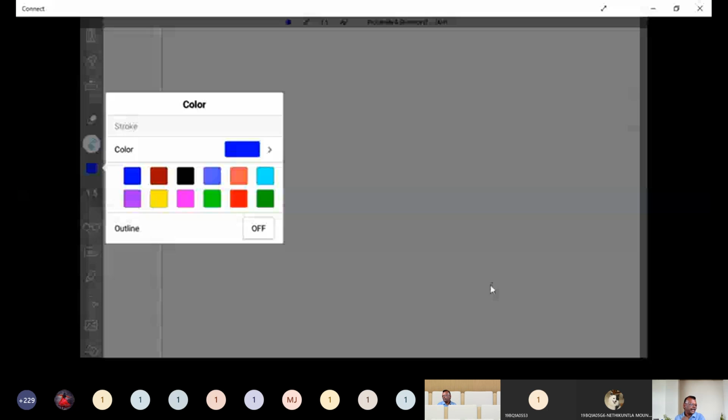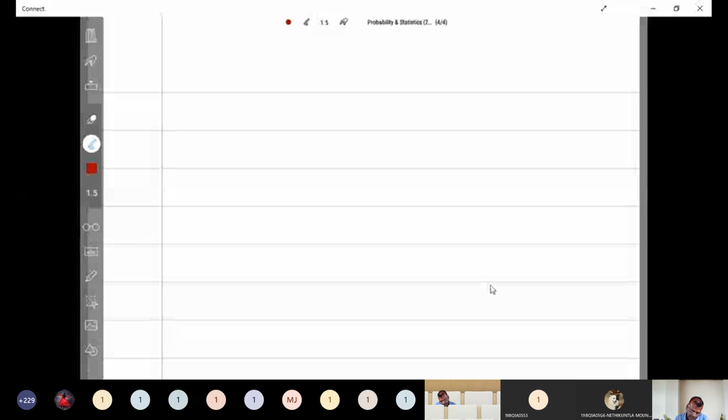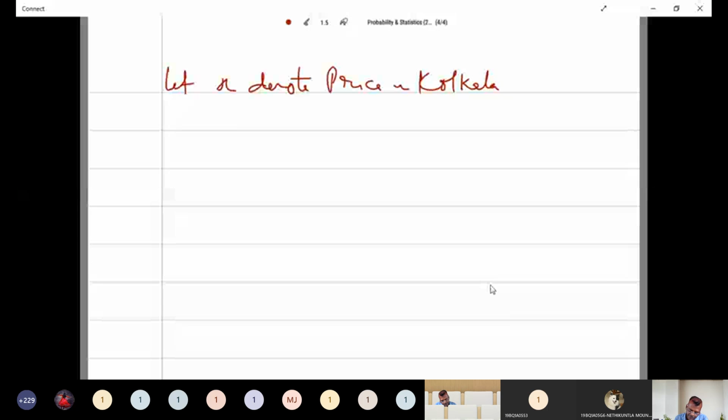Now, let x denote the price in Kolkata and y denote the price in Mumbai.